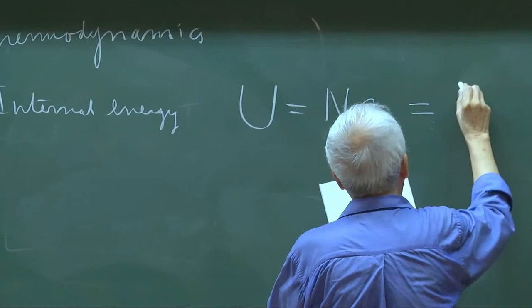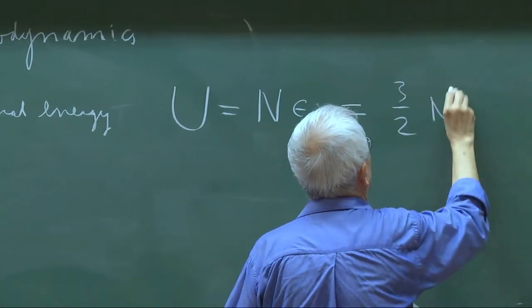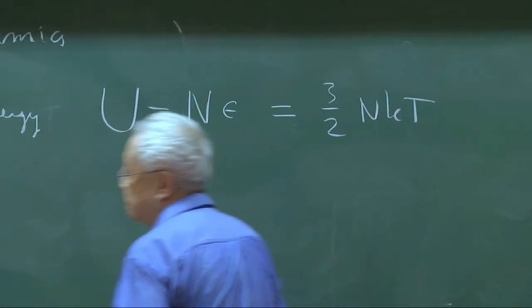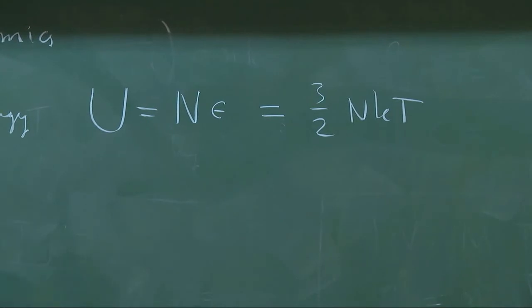We know what epsilon is, so this is 3/2 NkT. And this is a well-known result. For an ideal gas, the energy depends only on the temperature. And this immediately gives you that the heat capacity is 3/2 Nk.